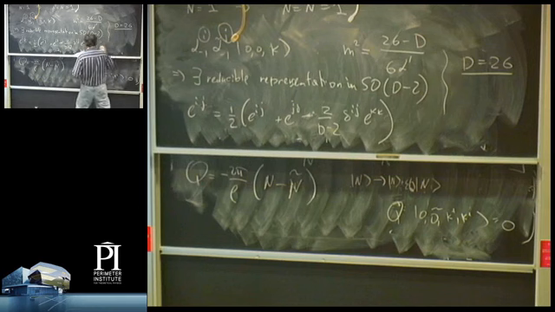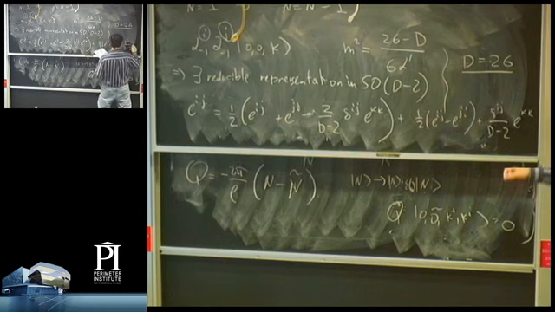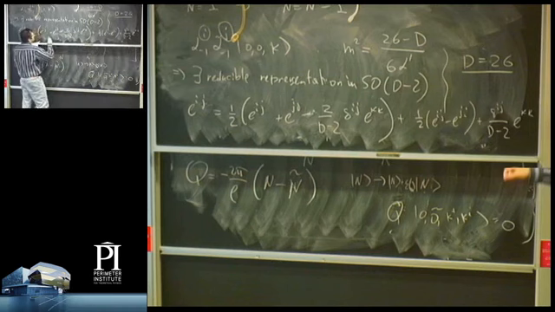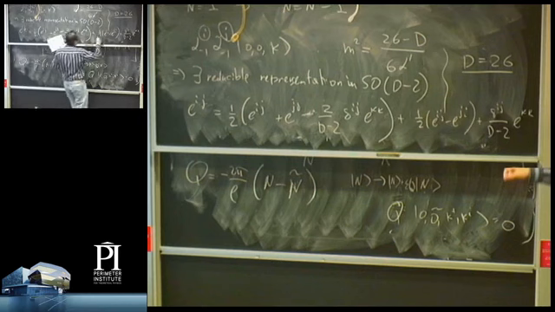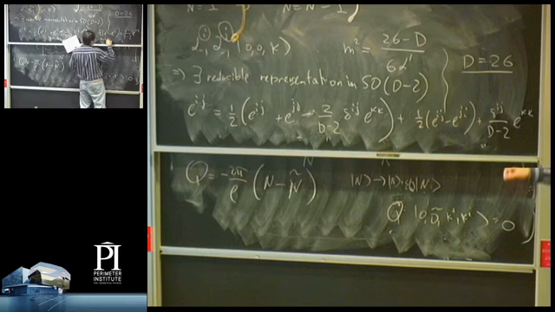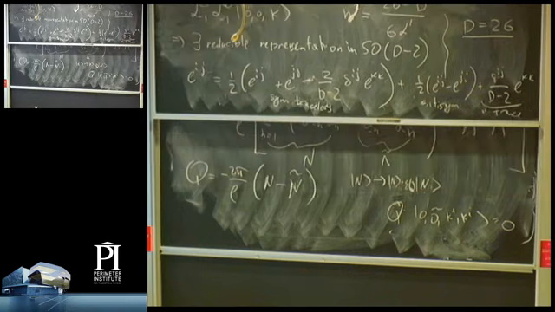Then there will be an anti-symmetric part, which is i j minus j i, and then plus a trace. So this is symmetric traceless, this is anti-symmetric, and this is trace. Now all these pieces transform in irreducible representations of S O of d minus 2.